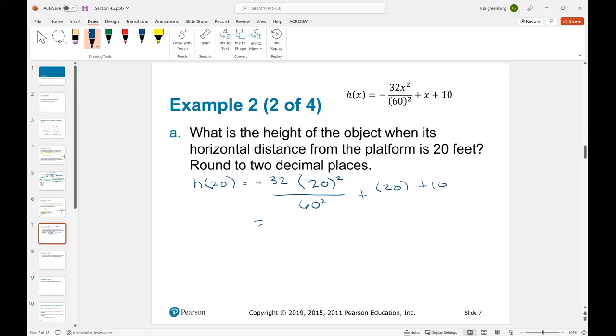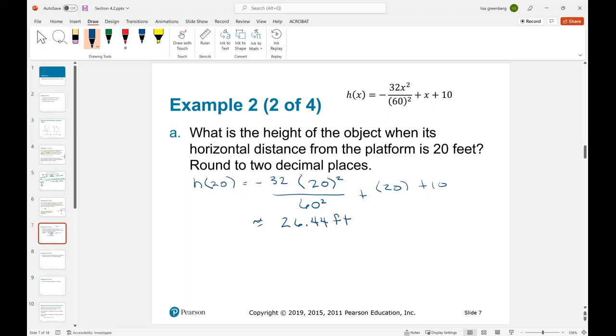And then when we put it into our calculator, I don't think I need to show you how to do that. If anybody has a problem with that, just let me know. But when we do all the math here, we would get 26.44 feet.